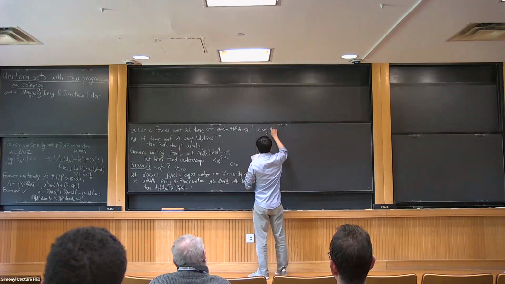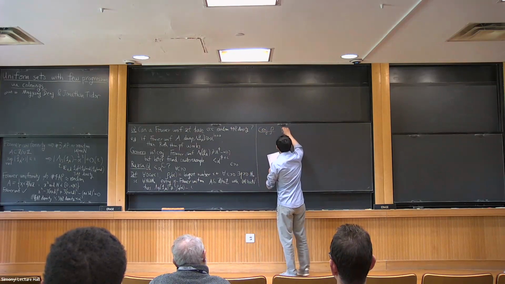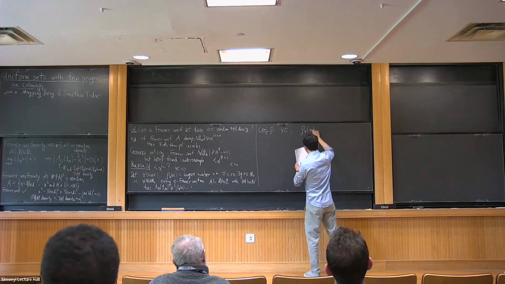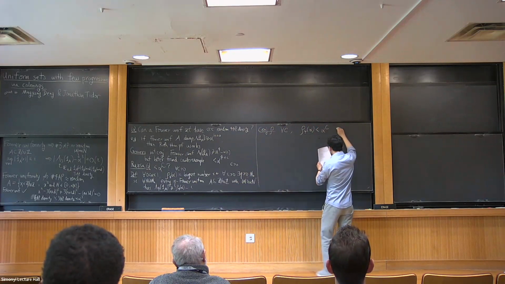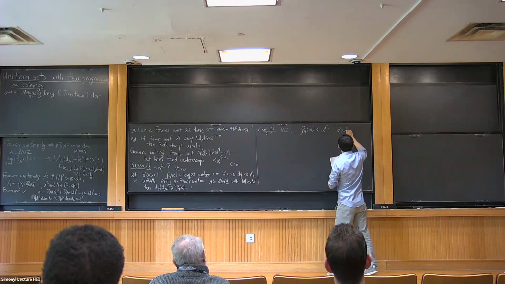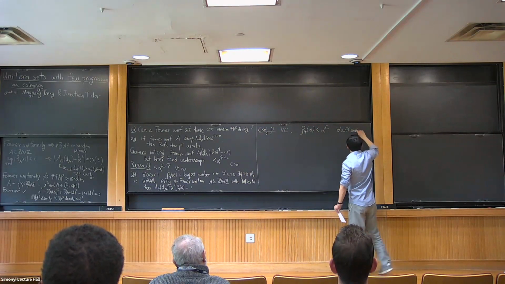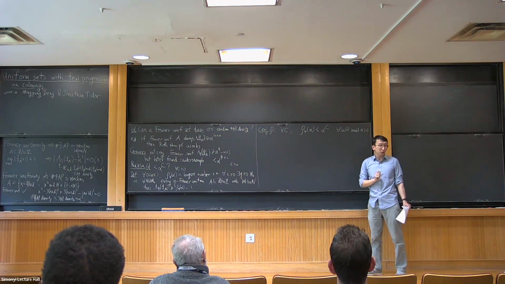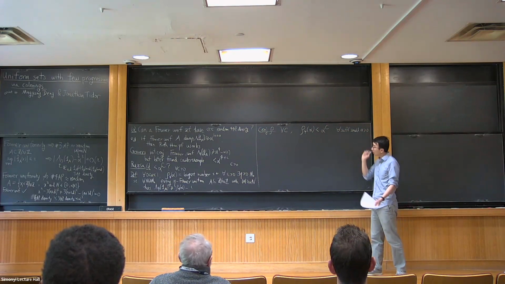Conjecture: for every c, rho sub 4 of alpha is less than alpha to the c for all sufficiently small alpha. We think that it should go to 0 faster than any polynomial. Okay, so that's a conjecture.